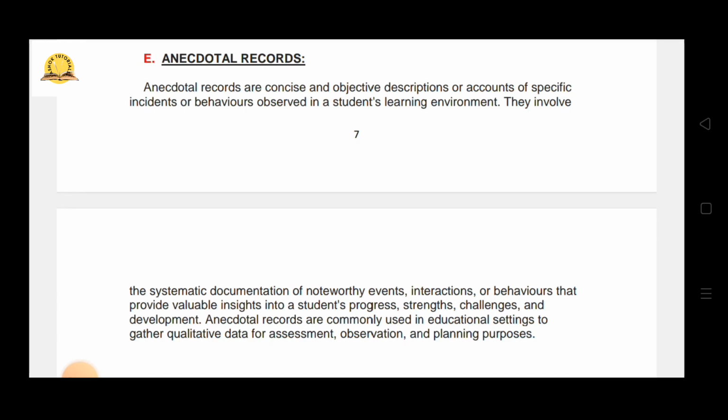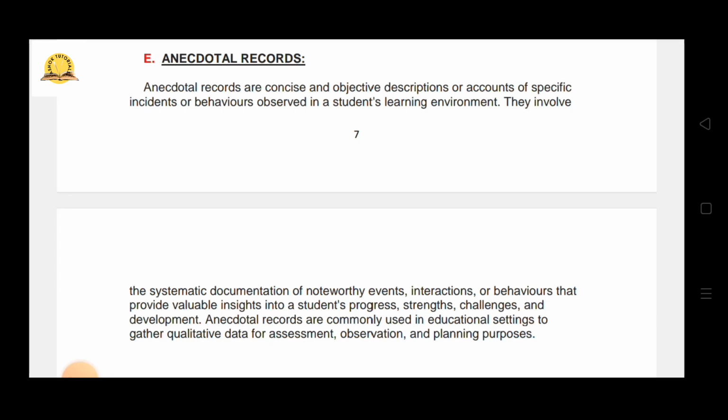Here also it says the same thing: interaction, behaviors, which provide valuable notions about the child. What is the progress of the child, whether the child is progressing or not, what are his or her strengths, limitations, shortcomings, weaknesses, challenges, development.